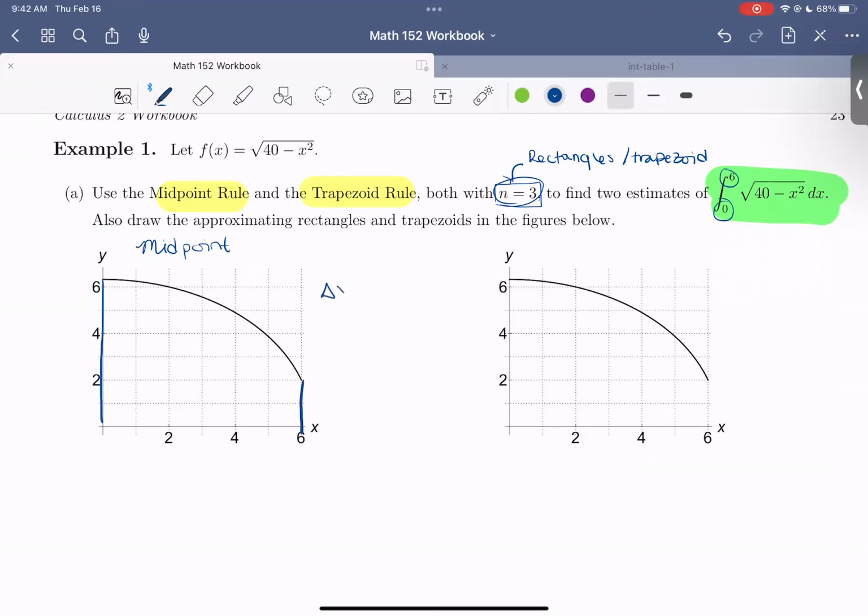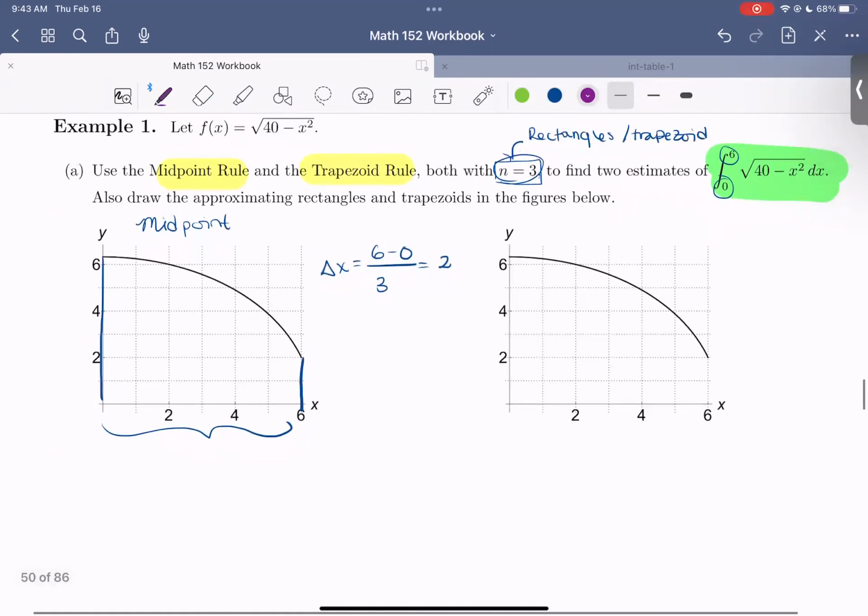The width of the rectangle, the change in x, is going to be 6 minus 0, which is 6, the length of our entire interval, divided by 3, the number of rectangles. So 6 over 3 gives us 2. Let's go ahead and draw in those rectangles.